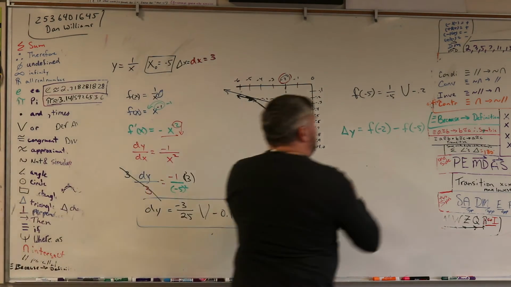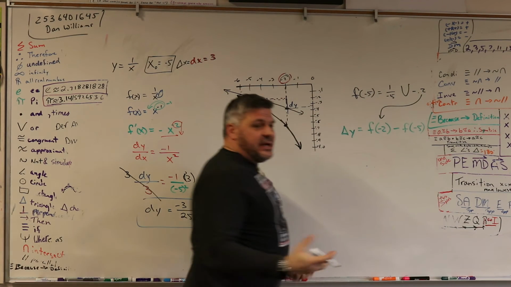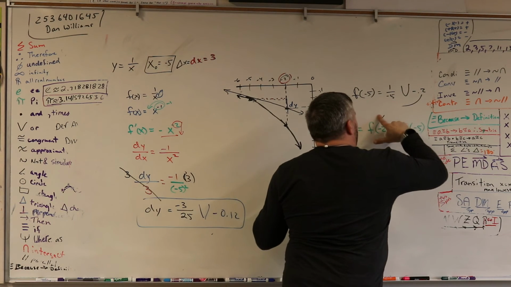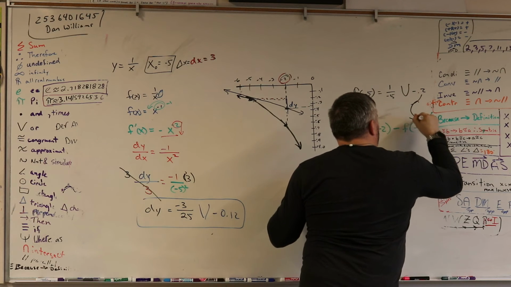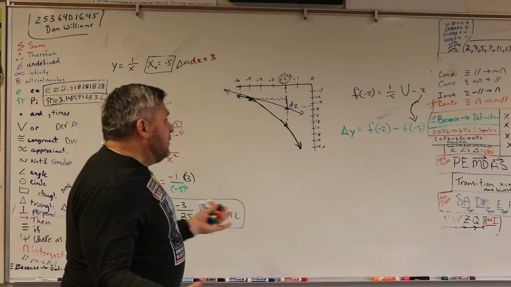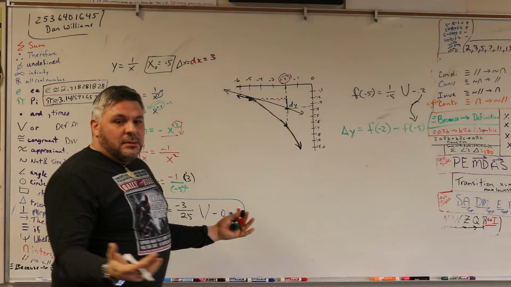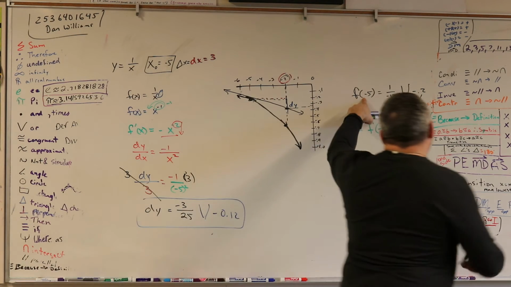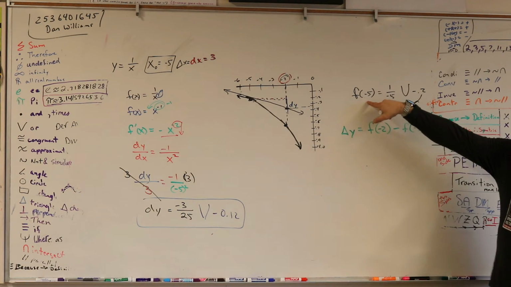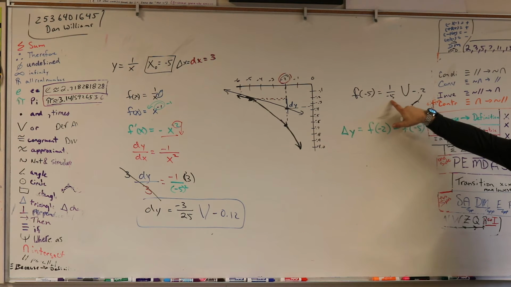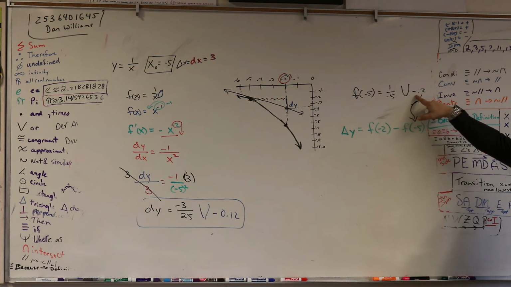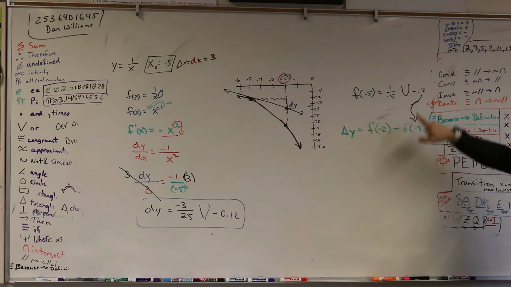So right away, I know that the function with respect to negative 5 is 1 over negative 5, right? Which is negative 0.2.